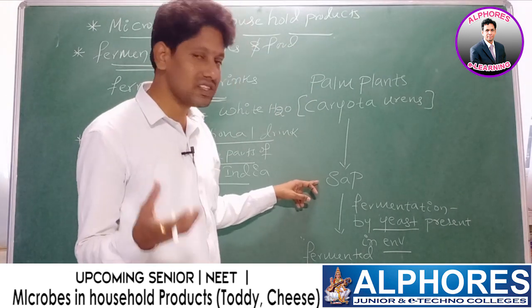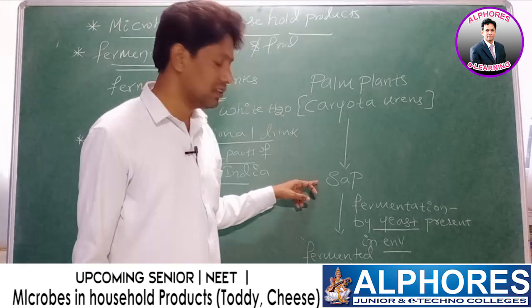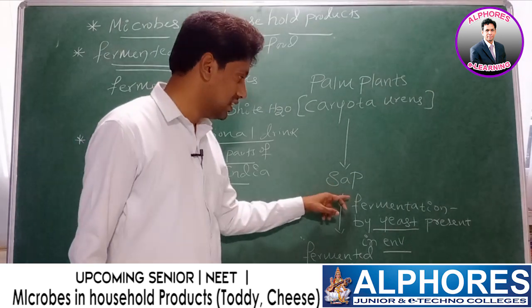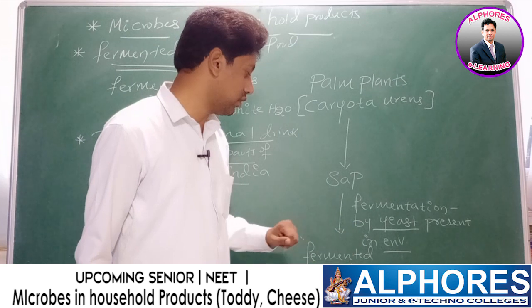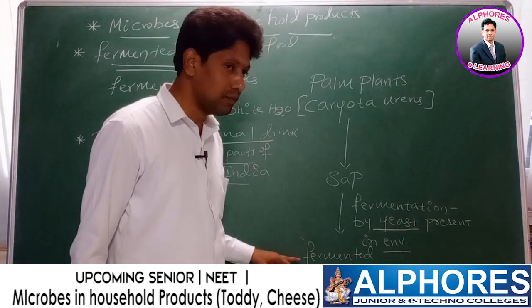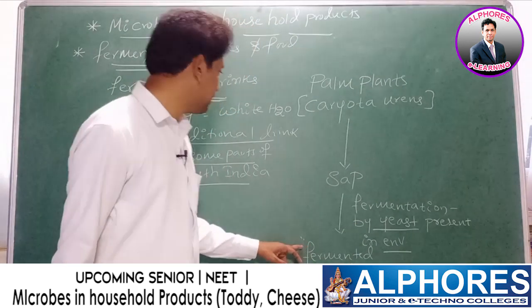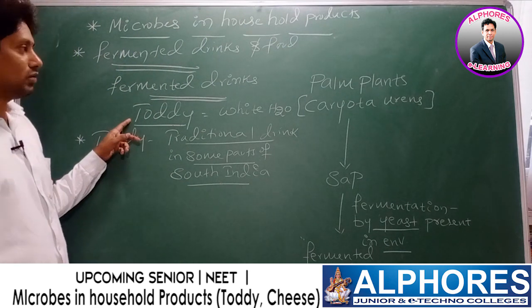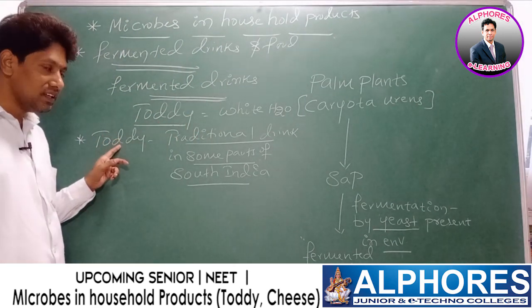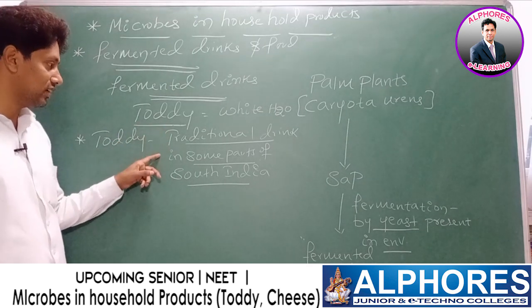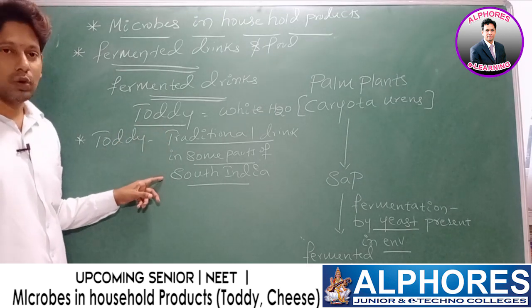This sap is collected in a pot and undergoes fermentation by yeast present in the environment. Now this sap is a fermented sap, nothing but toddy. This toddy is considered as a traditional drink in some parts of South India.